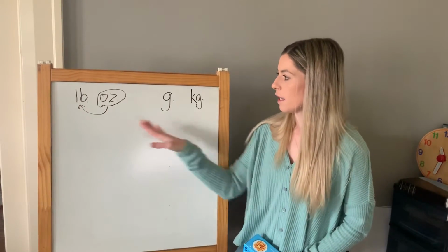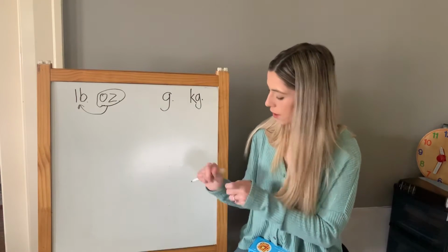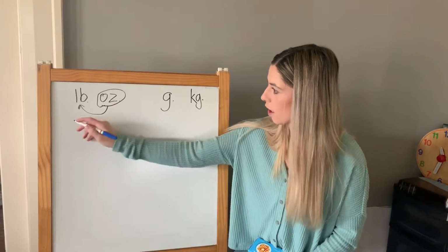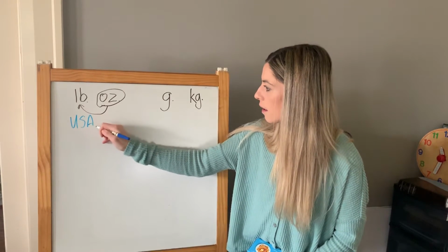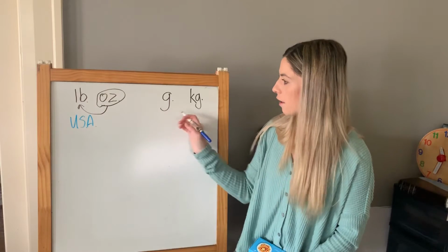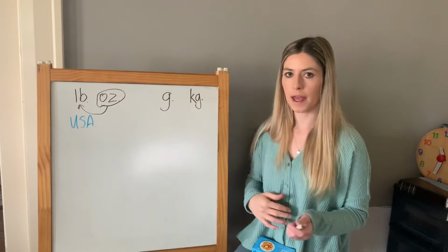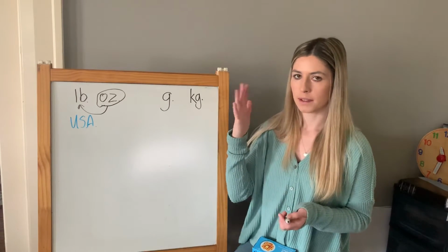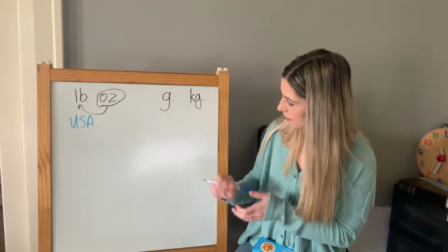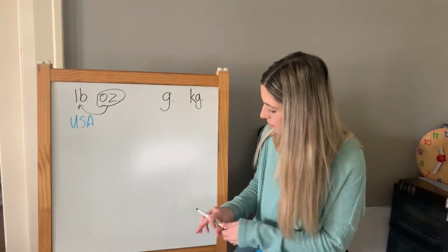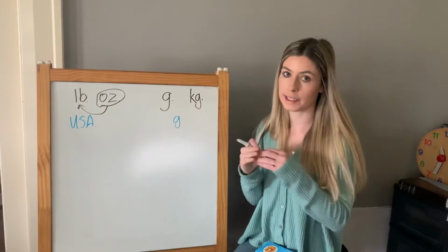So these are our different amounts. And I'm going to show you, these are for the USA, and these are for most other countries. If I was going to number them in order from smallest to biggest, the gram is the teensiest, so that one would be first. Gram would be first for very small.